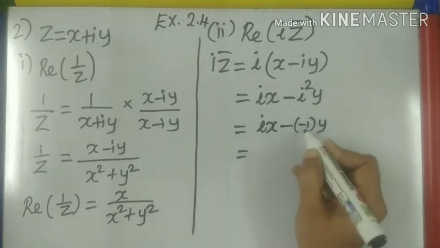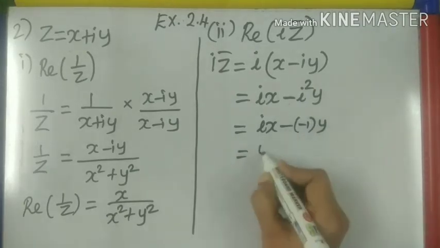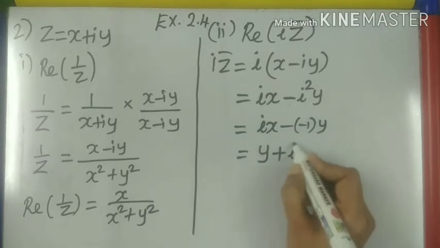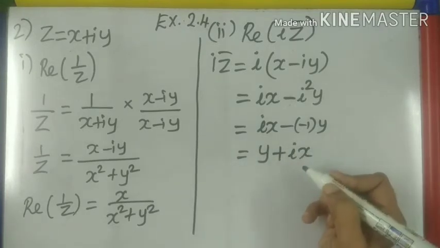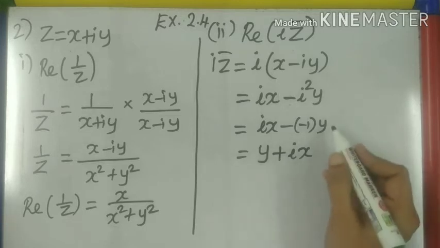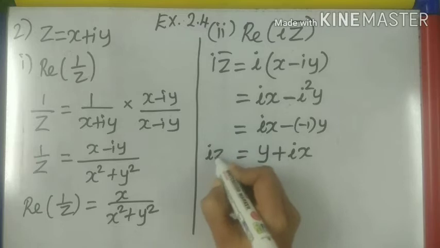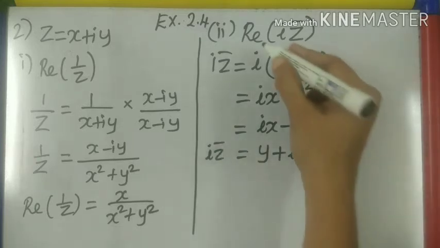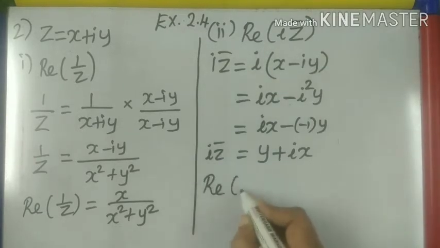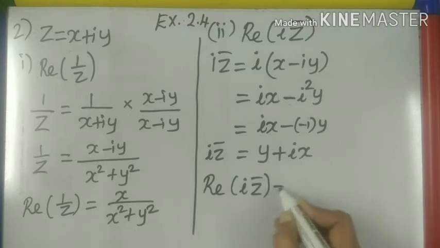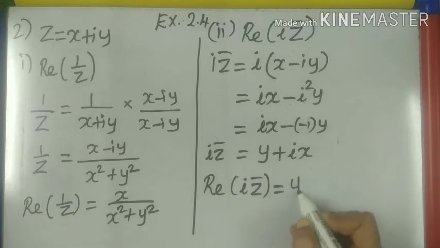Minus of minus 1 is plus. So plus 1 into Y plus iX. So when we complete the problem, try to write real first and then imaginary. This is i Z bar. My question is real part of i Z bar. So in this, what is the real part? Y. So my answer is Y.